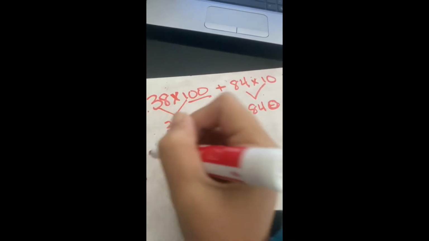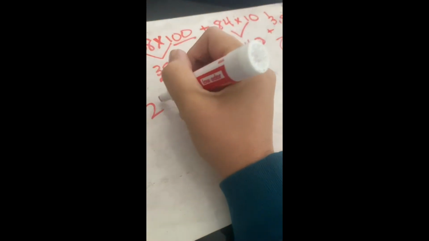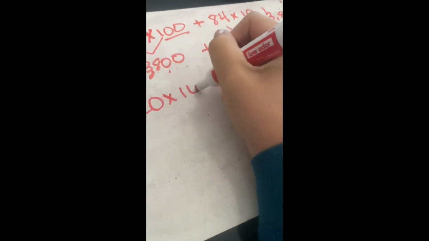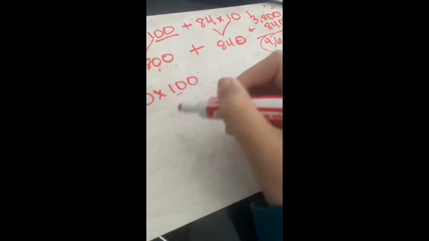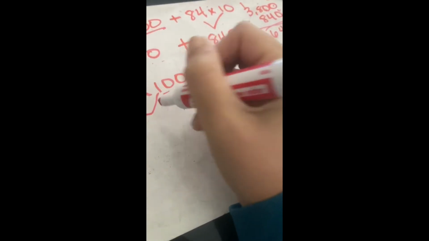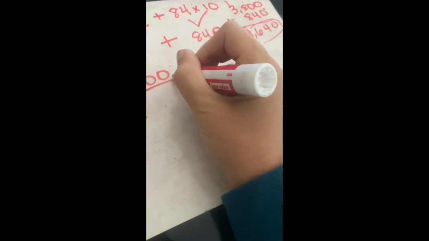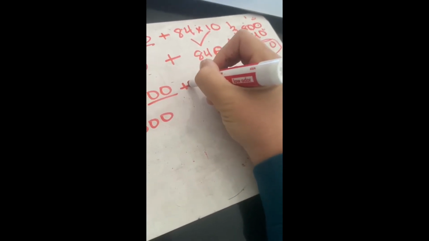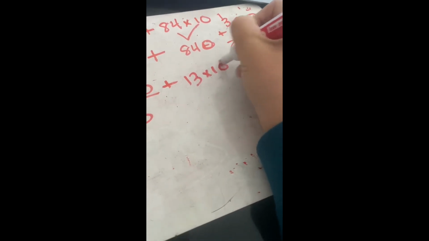B, 20 hundreds and 13 tens. So 20 hundreds. 20 times 100. So 20 times 1 is 20. And I attach my zeros. And 13 tens.